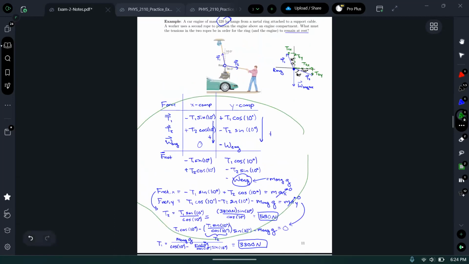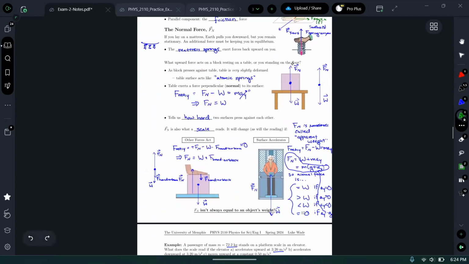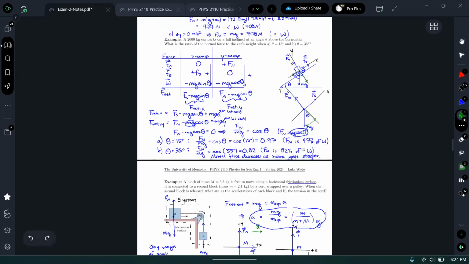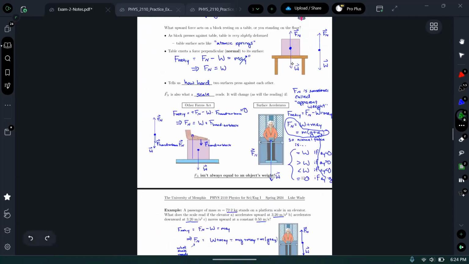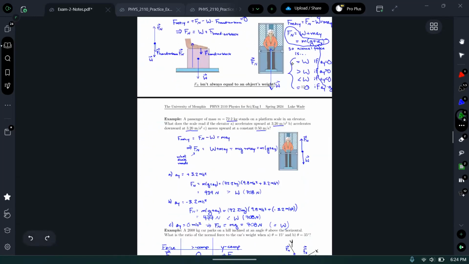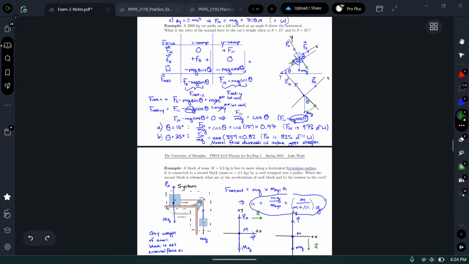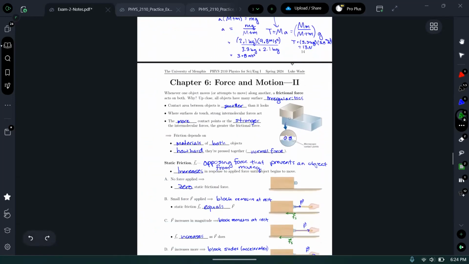That's the only way we can find tensions and normal forces, because they typically act as internal forces to the systems we're considering. So any of these problems are good problems to look at, because they are similar to what I would be testing on. I would just test on slightly easier ones in those cases.